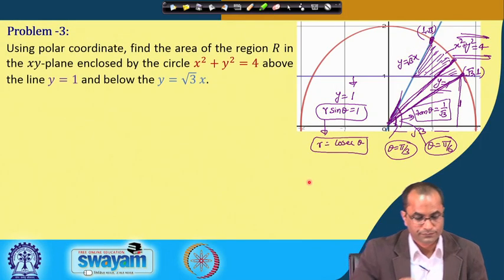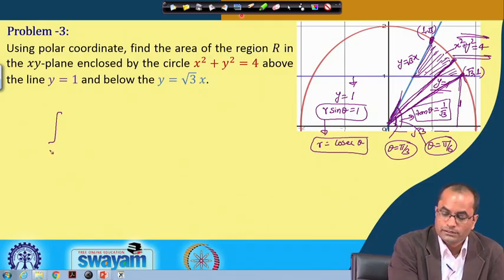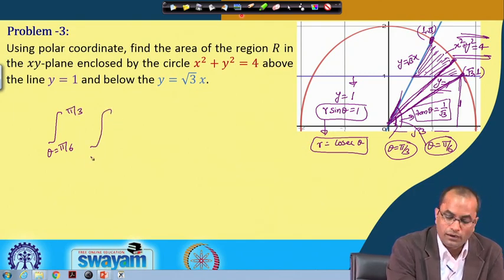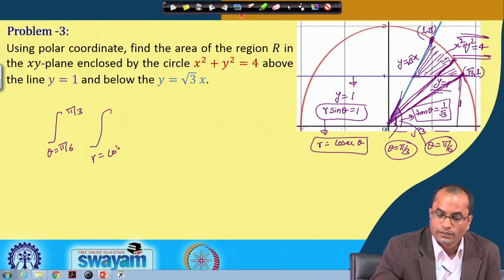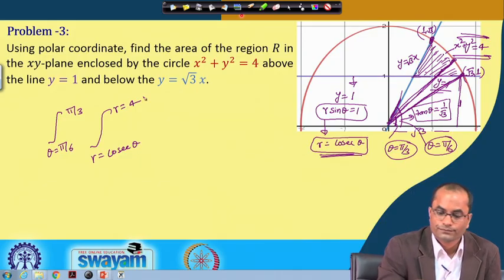So, that integral will have limits for theta from pi by 6 to pi by 3, and for r we are going from this line, whose equation in terms of theta is cosec theta, up to r is equal to 2.